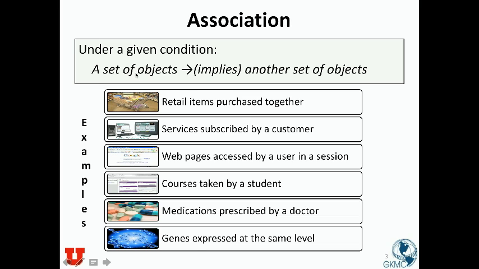On the left-hand side is a given set of objects, and the conditions, such as the purchase of these objects, the consumption of these objects, or the viewing of these objects' pages, tend to imply the same event of other objects.